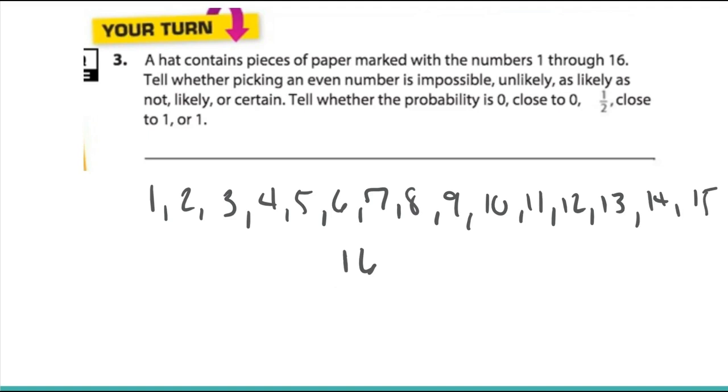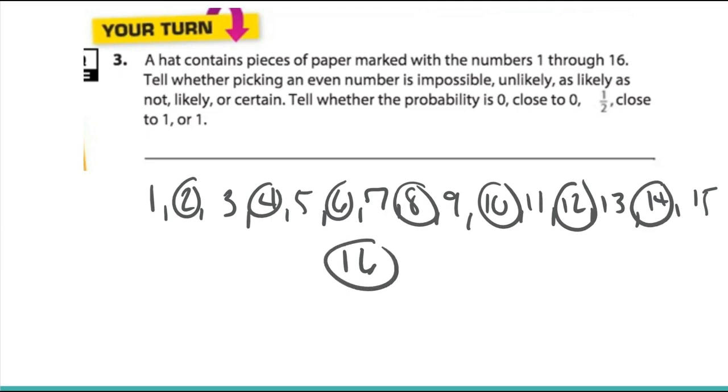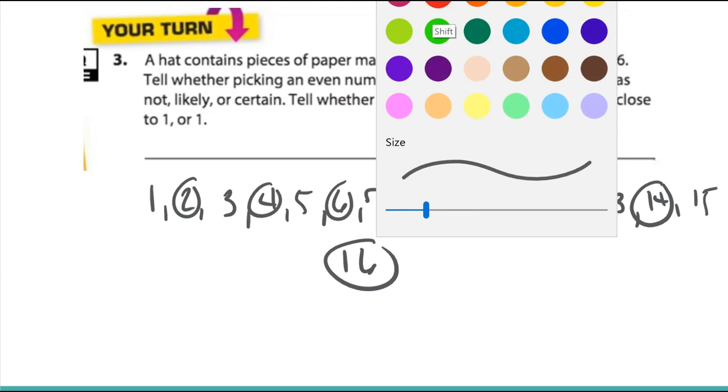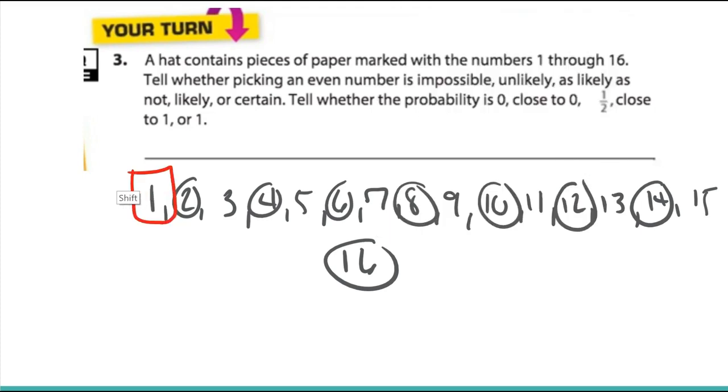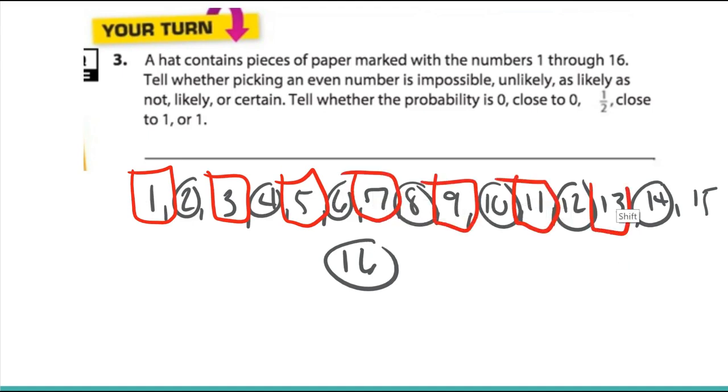Okay, so that means we have 16 possibilities for numbers, and our even numbers are 1, 2, 3, 4, 5, 6, 7, 8. And our odd numbers, let me change the color. Our odd numbers are 1, 2, 3, 4, 5, 6, 7, 8.